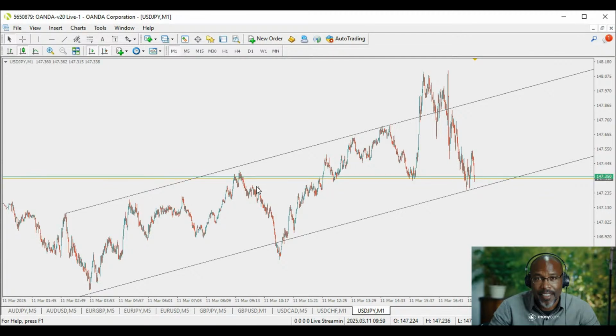And in fact, the immediate trend, the fastest baseline I use, is now hooking to the south. So this is no longer a buy candidate.